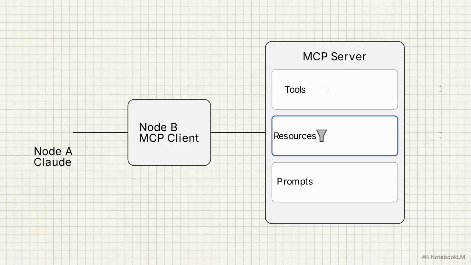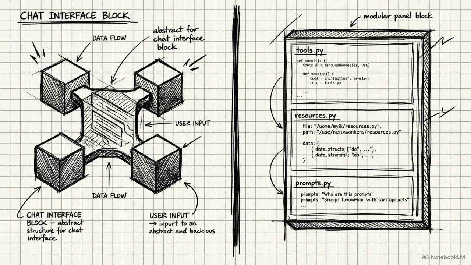Prompts function as predefined workflows or templates. They guide the language model's initial interactions with the server, establishing the exact rules of engagement before a complex task begins. By strictly categorizing capabilities into tools, resources, and prompts, developers isolate their application logic entirely away from the language model.